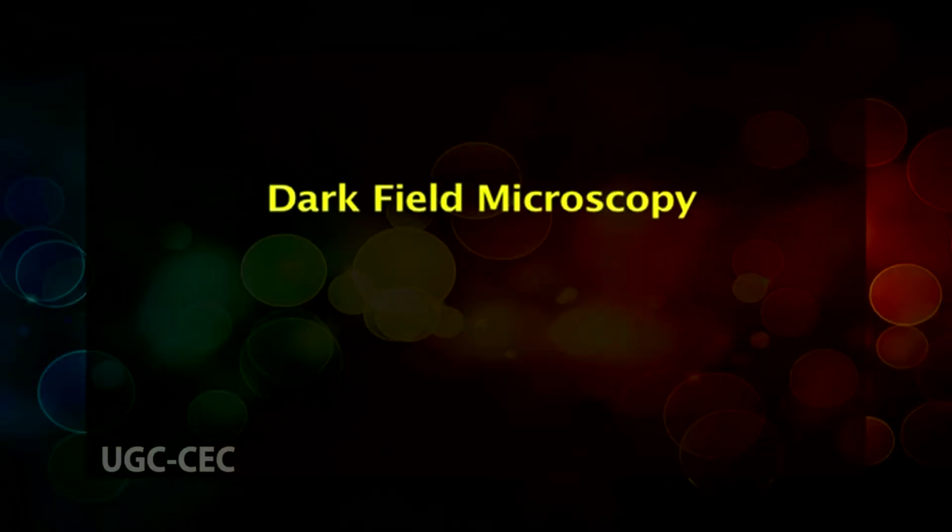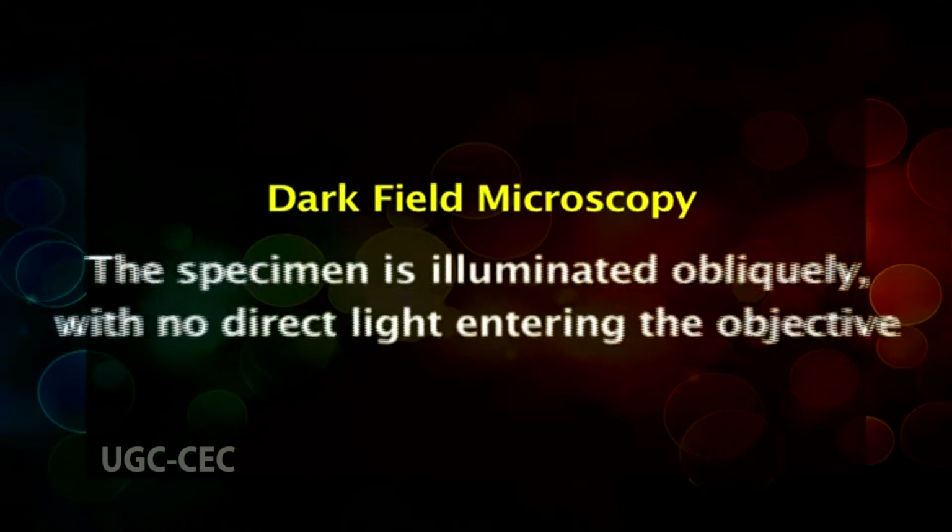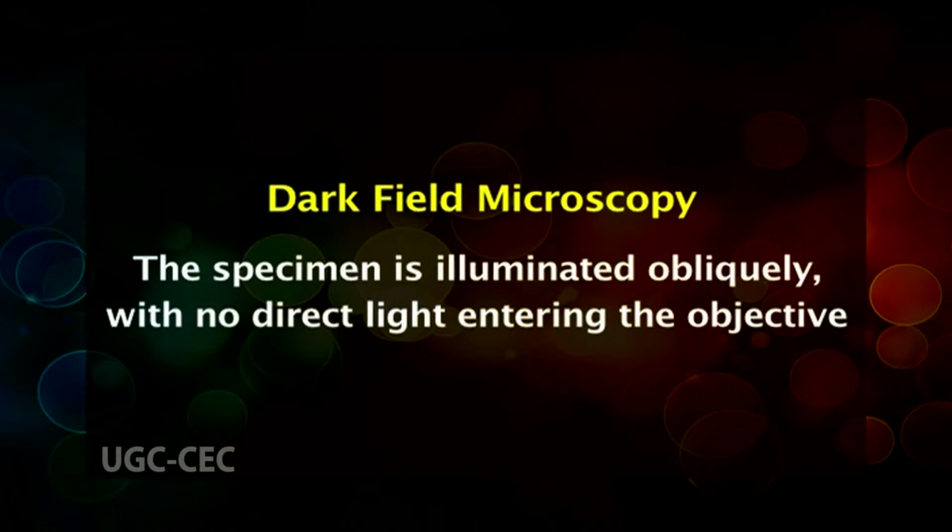Second is dark field microscopy. In this type of microscopy, the specimen is illuminated obliquely with no direct light entering the objective. Features in the specimen plane which scatter light can clearly be seen against a dark background.